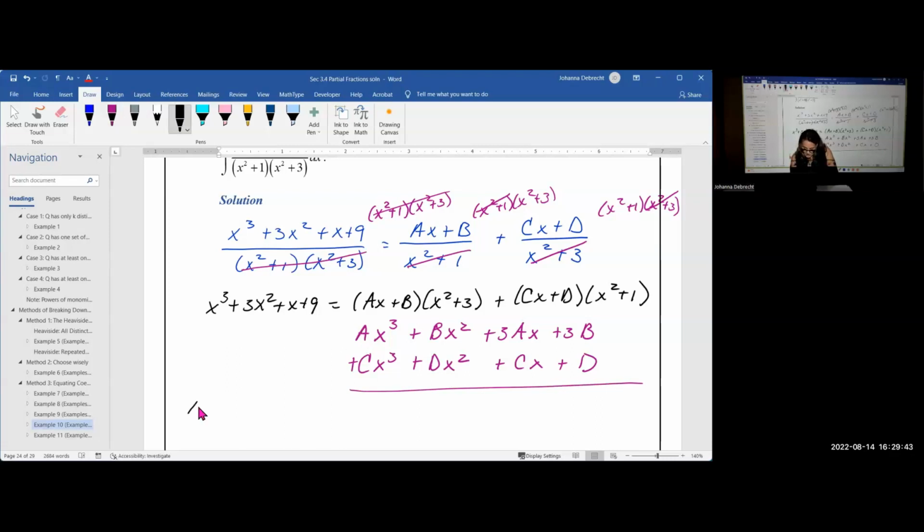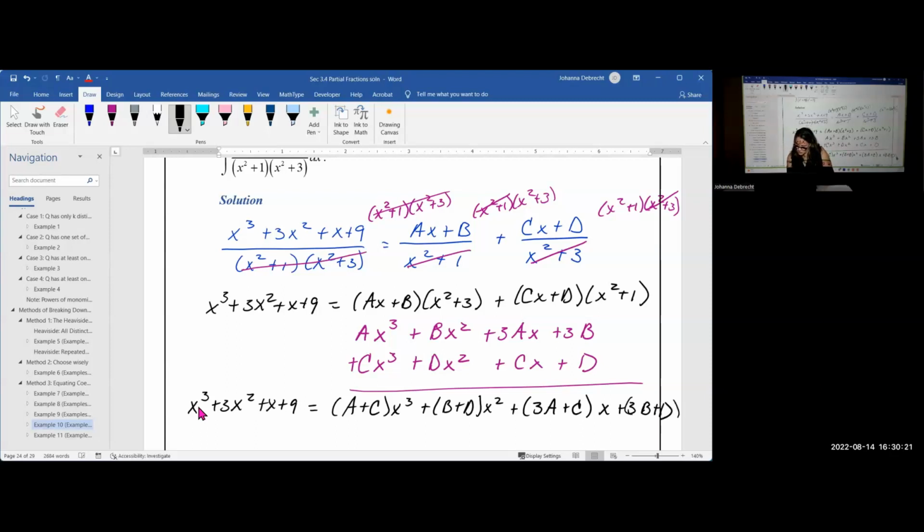What I have on the left is still x cubed plus 3x squared plus x plus 9. Combining my like terms, I have (a plus c) times x cubed plus (b plus d) times x squared plus (3a plus c) times x plus 3b, oops, my b's are not going too well today, 3b plus d.